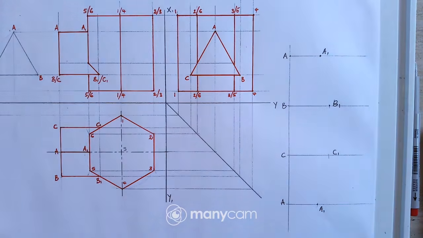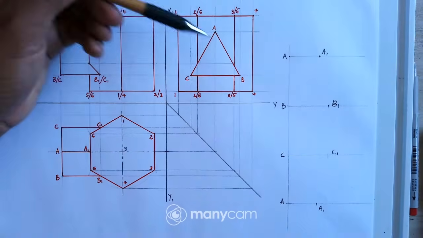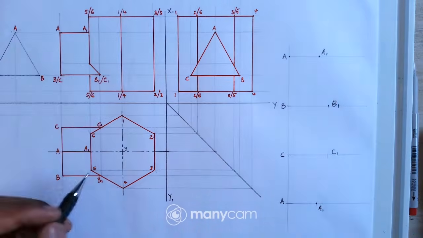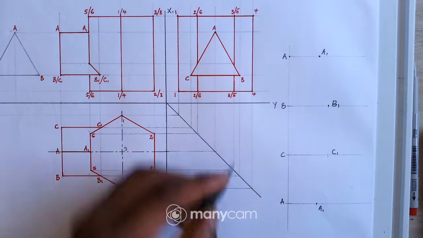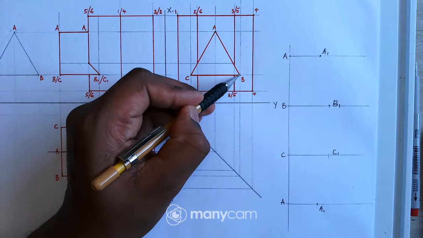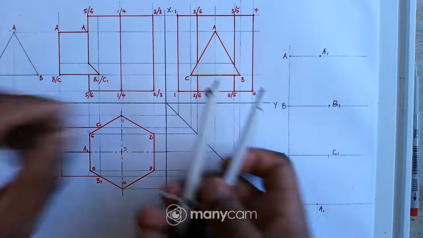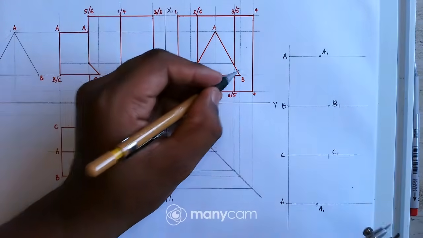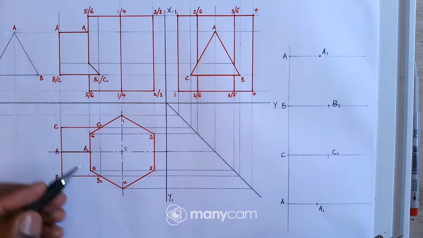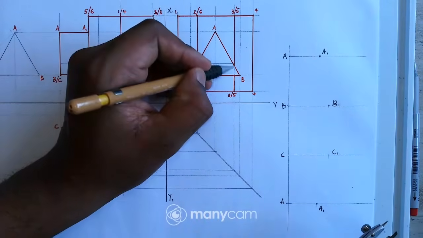So now how are you going to get that point? So we have to go to our left view and check where is this point. So that point is right there, right? So I have to take the distance from the point B to that point and mark it there. Because why? Because this is the true length, so this is not the true length, right? So this is the true length here.